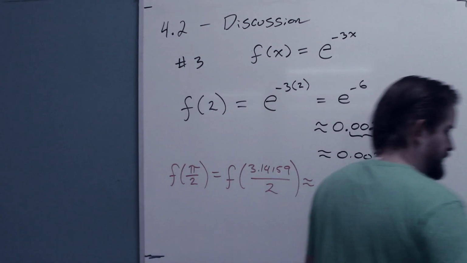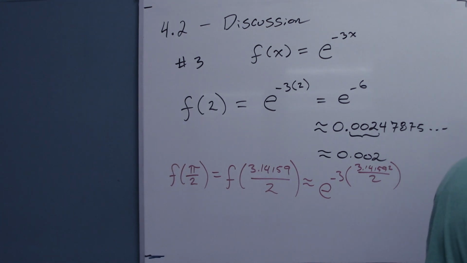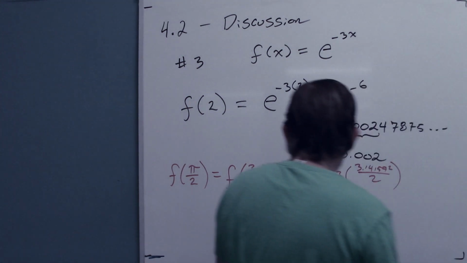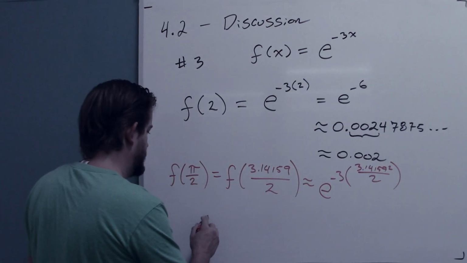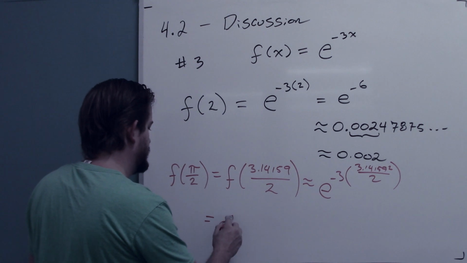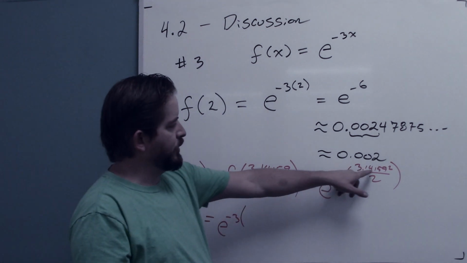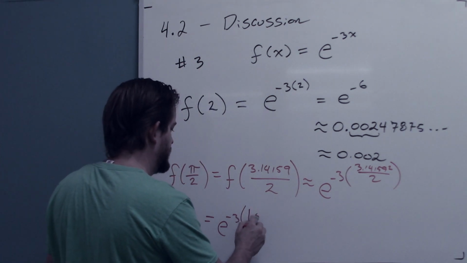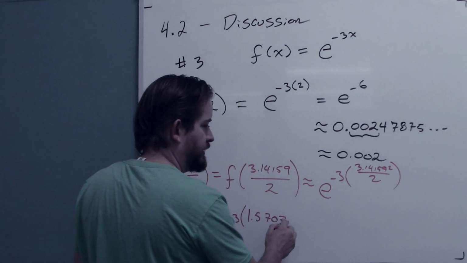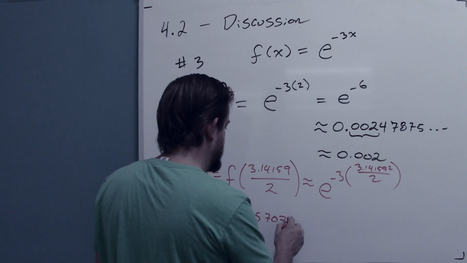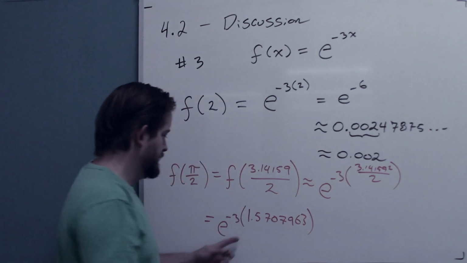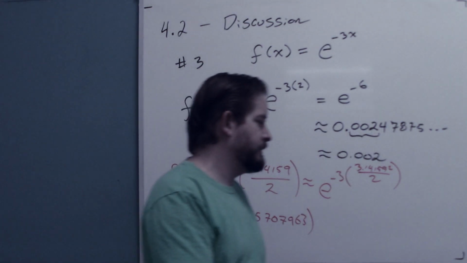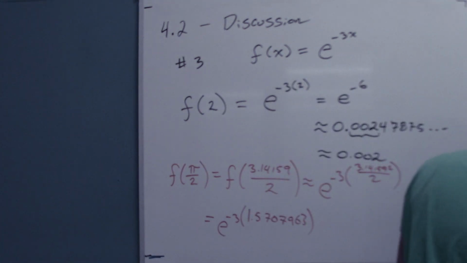Right? So this is e to the negative 3 times pi over 2, which is roughly 1.5707963. Multiply that by negative 3, and I'll just take e to that.